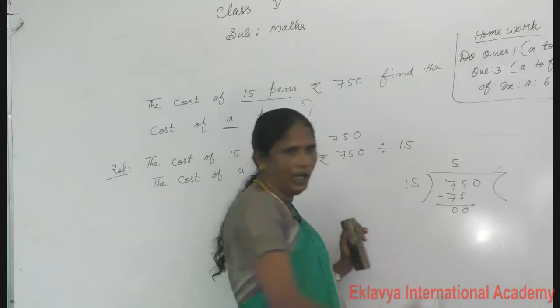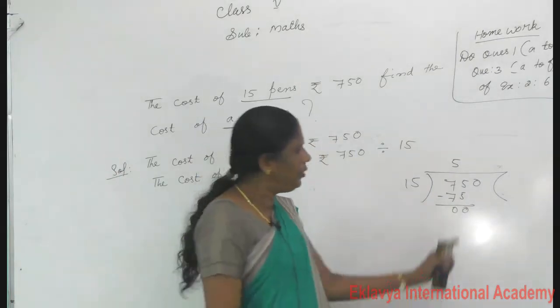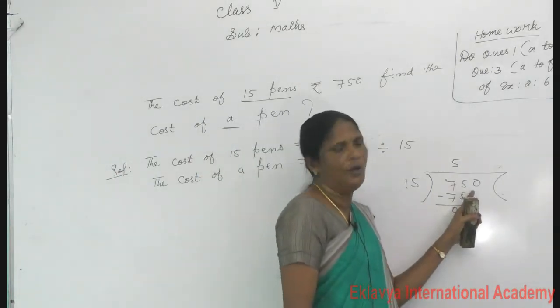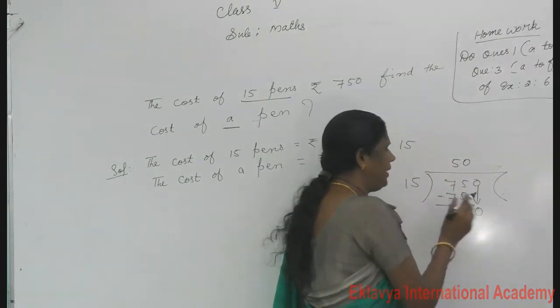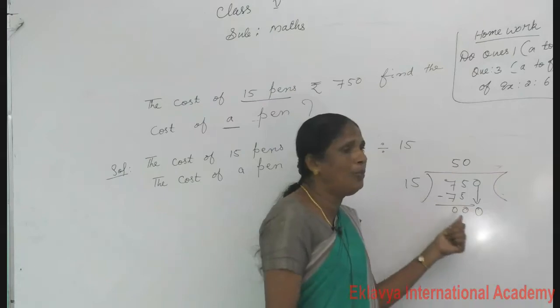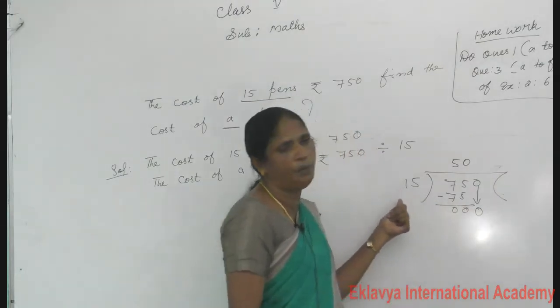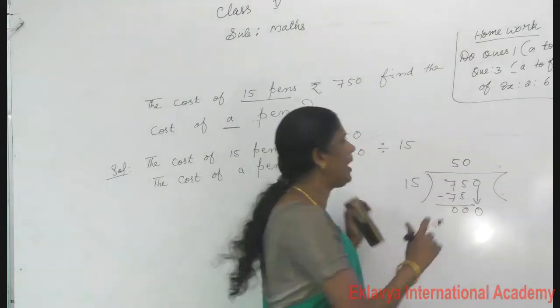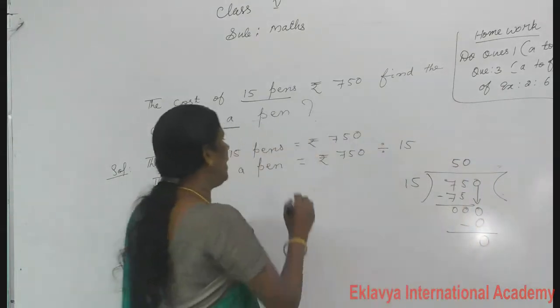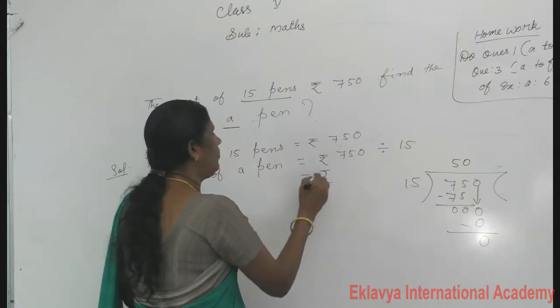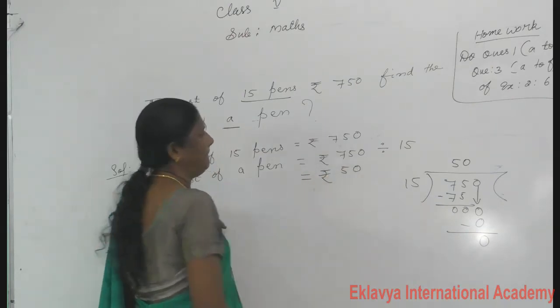Here 0 is left. What to do? You put this 0 in the quotient, or bring it down. Then again how many times does 15 go in 0? 0 times. Then our answer is rupees 50.